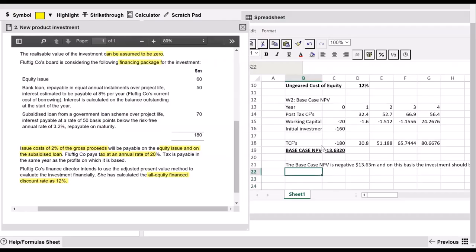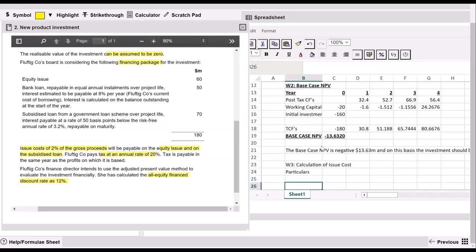Now, one part of base case NPV is done. Now let's look into the issue cost. Working note number two, working note number three. Two was on base case NPV. Three is on calculation of issue cost. Now the particulars.